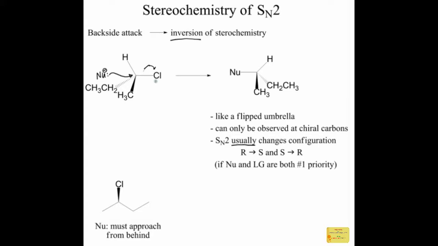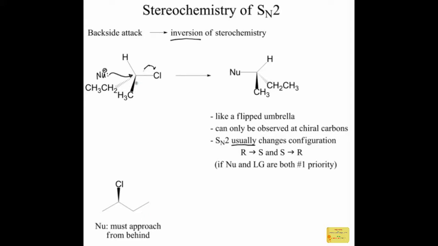So for example, if your leaving group is priority group number 1, which it very often is if it's a halide, and the nucleophile coming in is also a priority number 1 compared to the others, then absolutely your R is going to get converted to an S, or your S is going to get converted to an R. But because this prioritization has to be redone with the new 4 groups on the product, there's sometimes where you'll find an exception to that, and your configuration happens to come up with the same name when you do it.